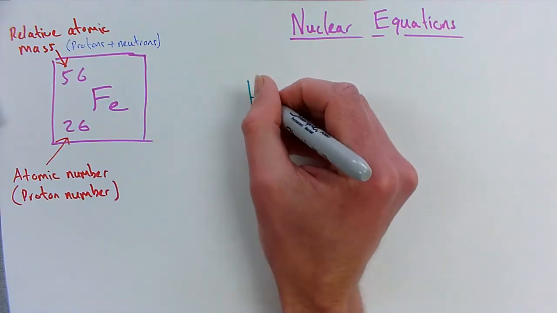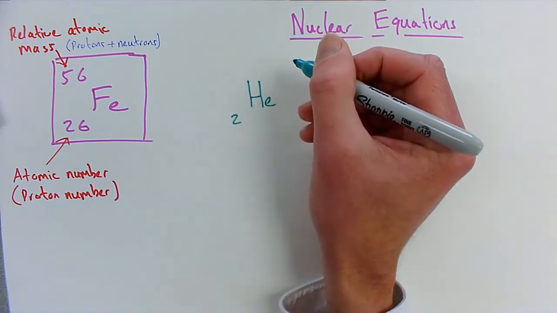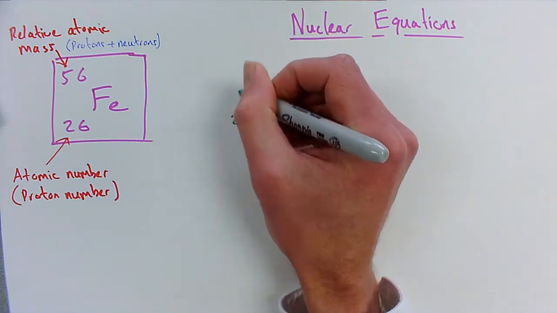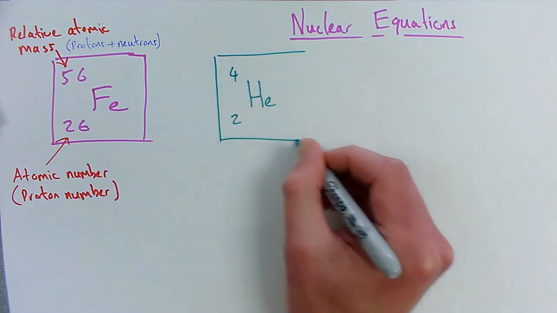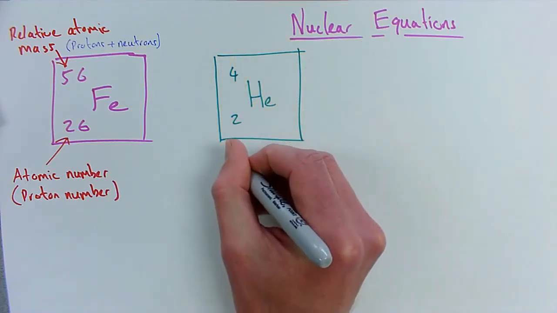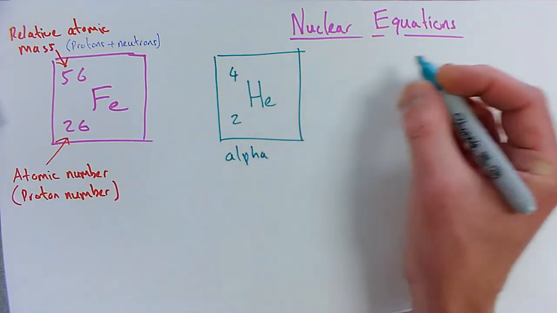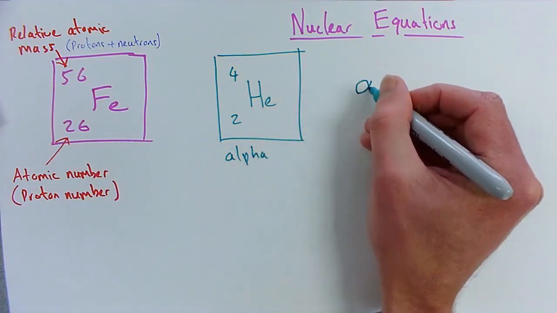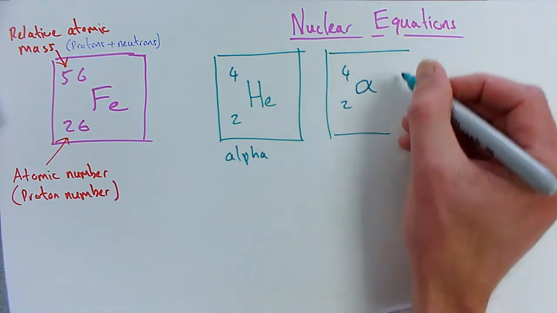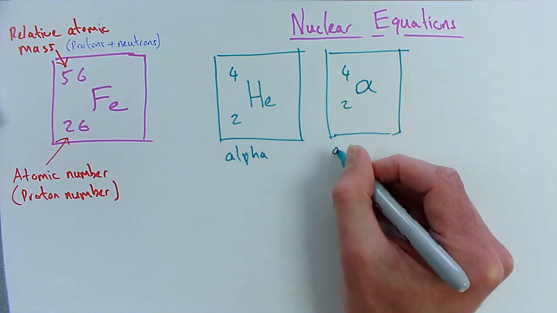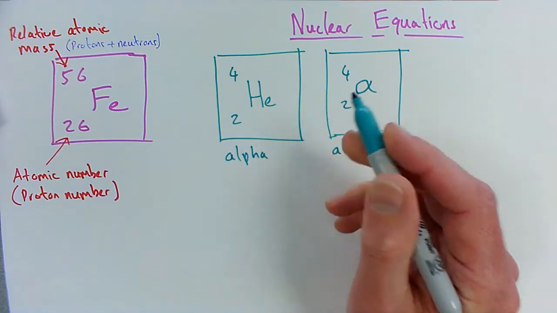A helium nucleus has 2 protons and 2 neutrons, so 2 neutrons plus 2 protons leaves us 4 up there. So that's how we can represent alpha. Sometimes it can also be represented with the symbol alpha, but the numbers will be the same. So both of these are alpha, and we might see alpha represented in either way.